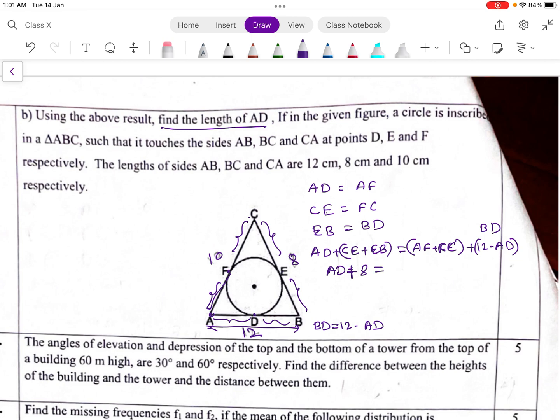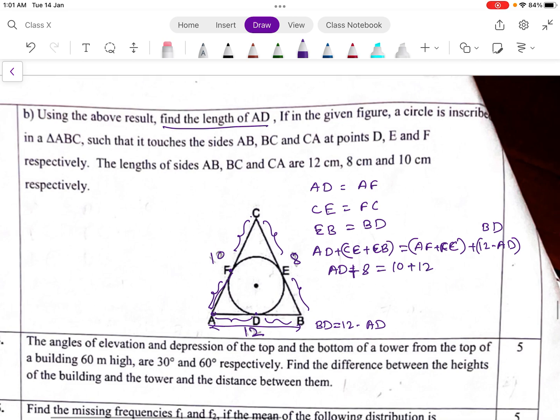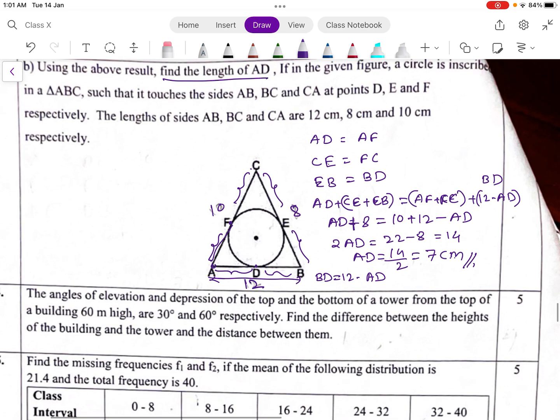AF plus FC is the total length 10, plus 12 minus AD. So minus AD goes to the other side and becomes plus AD. Here we get 2AD, and 10 plus 12 is 22, and 22 minus 8 is 14. Therefore AD equals 14 by 2, which is 7 centimeters. So the length of AD is 7 centimeters.